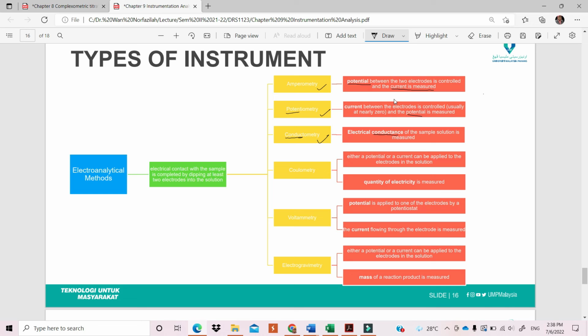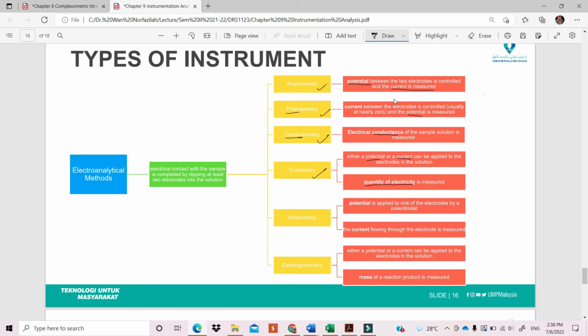Okay, next we have either a potential or a current can be applied to the electrode in the solution. Salah satu. Kalau nak potential lah, kalau nak current. So kalau salah satu, we call it coulometry. And when we apply potential or current, we measure the quantity of electricity for coulometry.